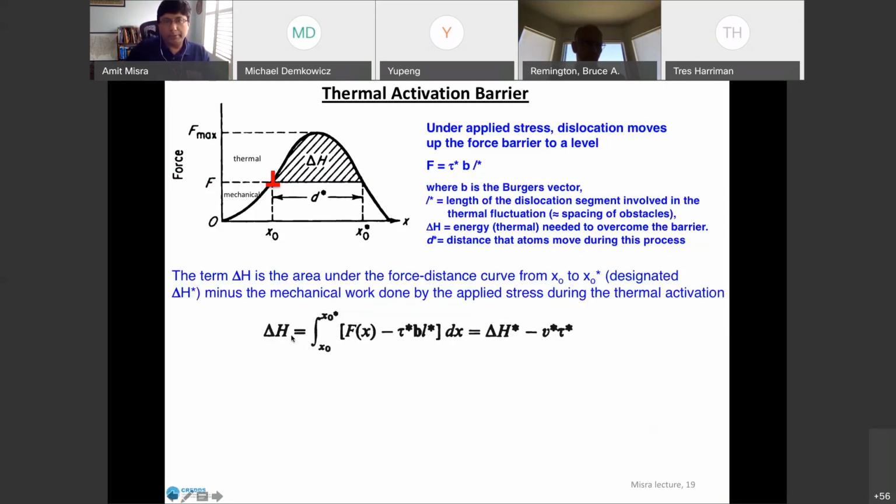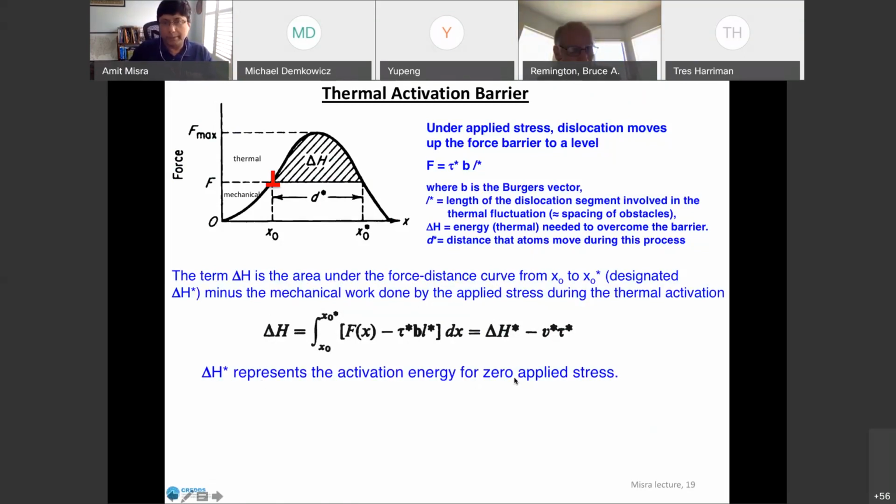So delta H is equal to delta H star, where delta H star is the activation energy for 0 applied stress, minus this term that represents the contribution from the mechanical work. The thermal part is equal to the total minus the mechanical part.